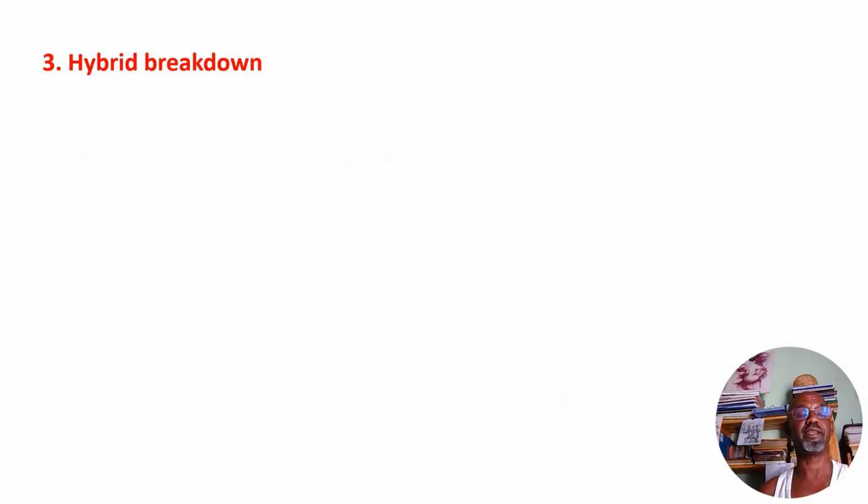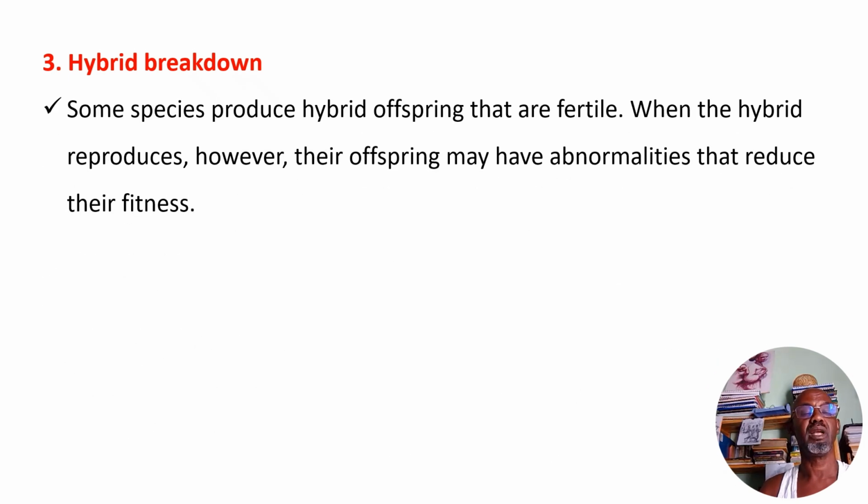Okay, the third case, hybrid breakdown. What does it mean? Breakdown. Some species produce hybrid offspring that are fertile. When the hybrid reproduces, however, their offspring may have abnormalities that reduce their fitness.